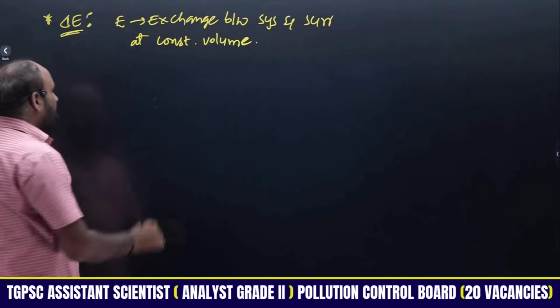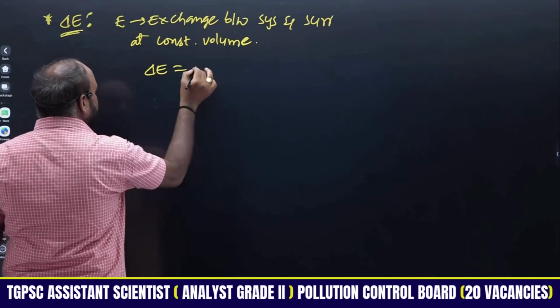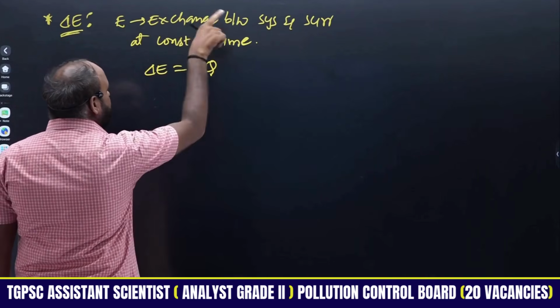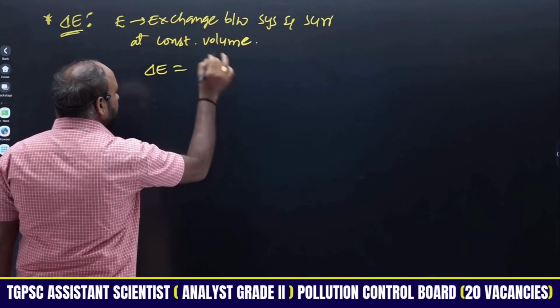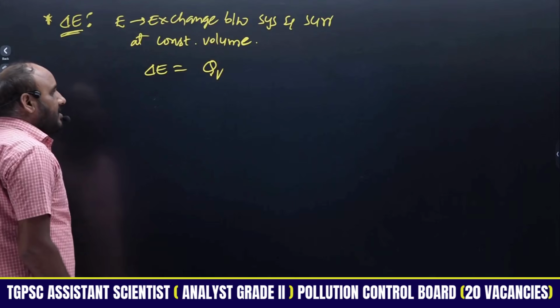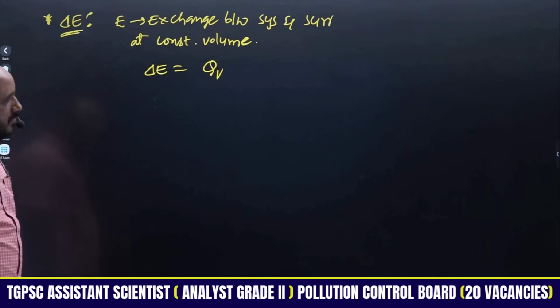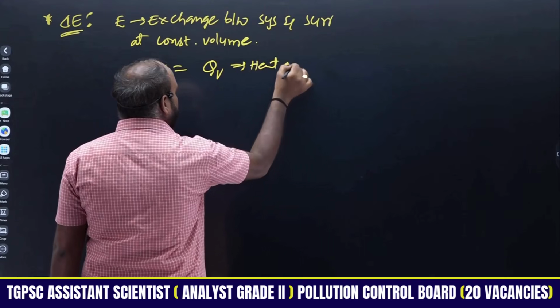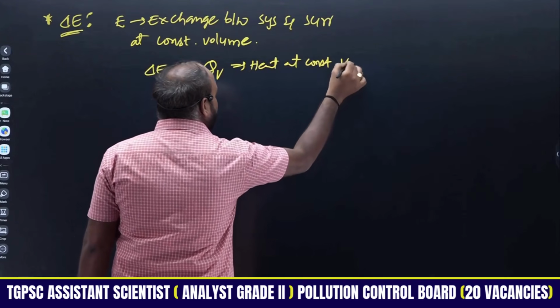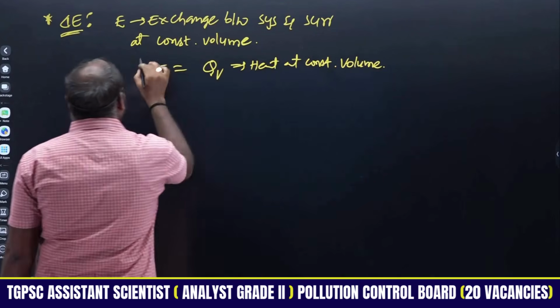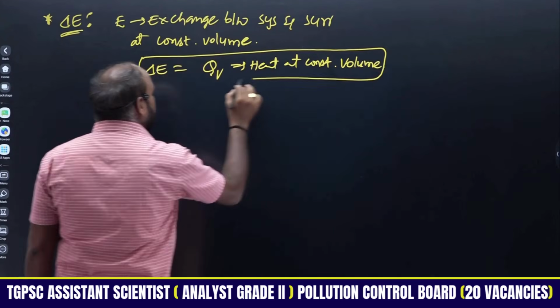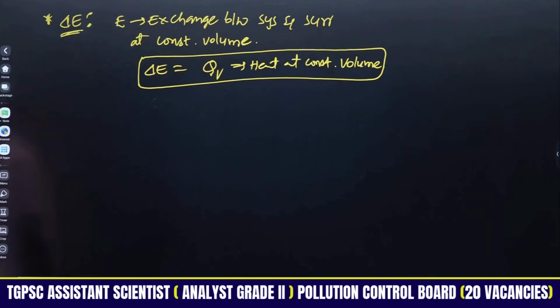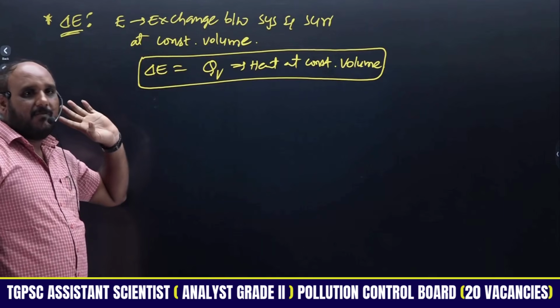Therefore delta E can be written as the exchange of heat energy at constant volume. This is the heat of reaction at constant volume, that is change of internal energy, and that will be equal to Qv, right?